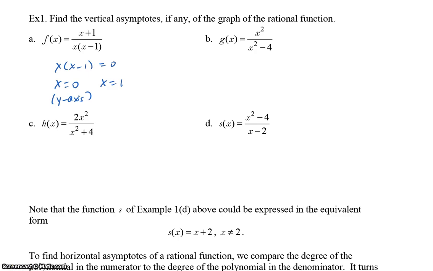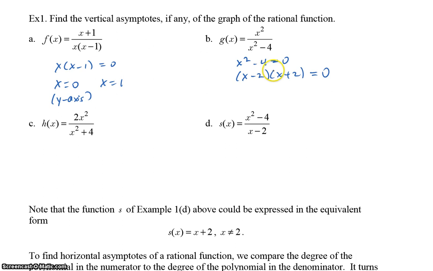Now moving on to example 1b, g of x equals x squared over x squared minus 4. Here again we focus on the denominator, set the denominator x squared minus 4 equal to 0, and then solve for x. There's a couple of ways you can do this. One way is by factoring: x minus 2 times x plus 2.